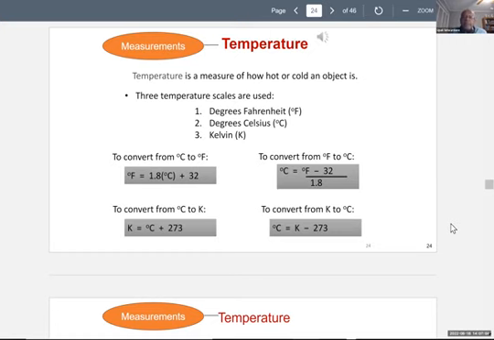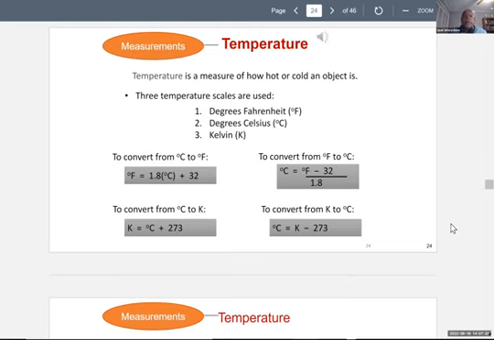Celsius to Kelvin scale conversions are pretty straightforward. Celsius added up 273.15 exactly. This is rounded off to 273. If you add 273, Celsius become Kelvin. How do you undo it?